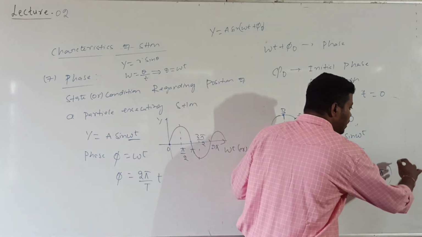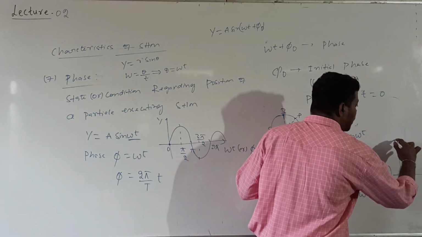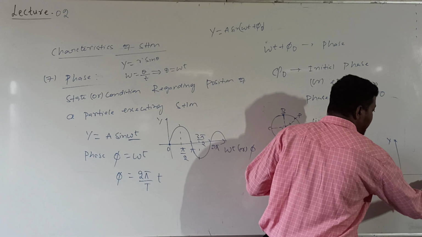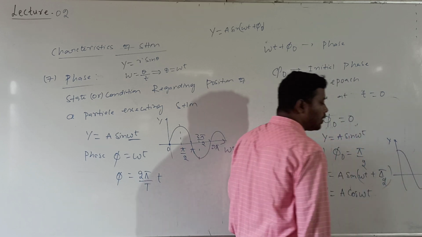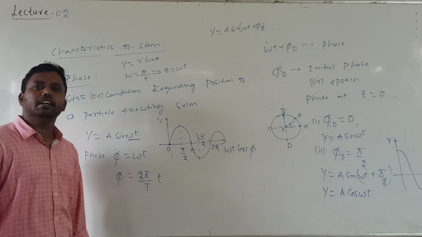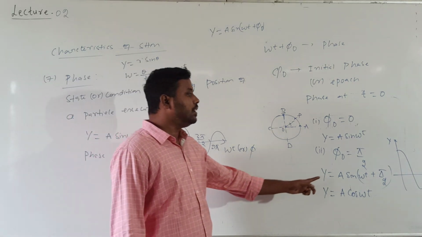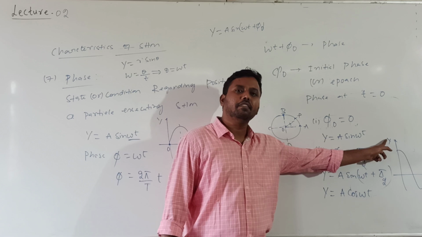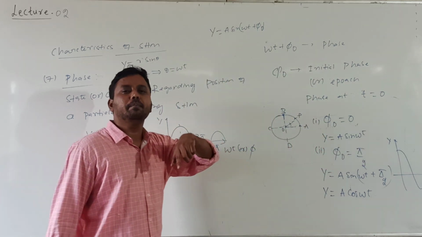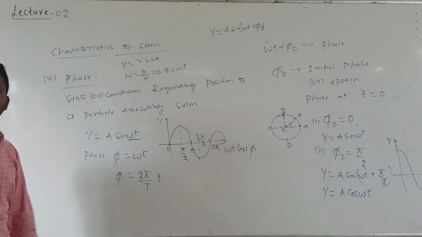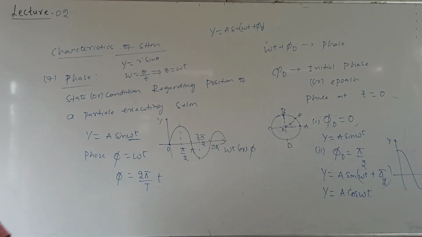If y is equal to a cos omega t and I plot the graph between y and t, it will be a cos graph. In this cos graph, what is clear? Initially at time t equal to 0, the displacement value is maximum. Displacement maximum means where was the particle? At the extreme position.